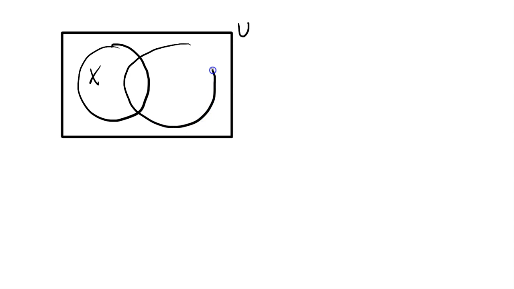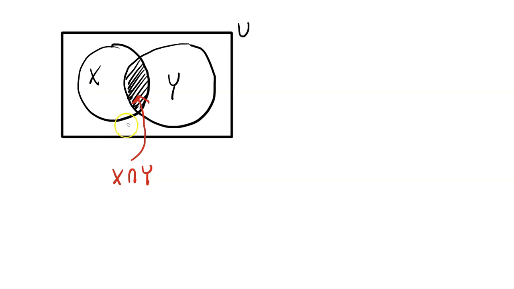More generally, if you have all possible events here, u, and then we have some event x, and then some event y, then this overlap corresponds to the intersection, x and y. If you have an outcome in this area, the events x and y will both happen.